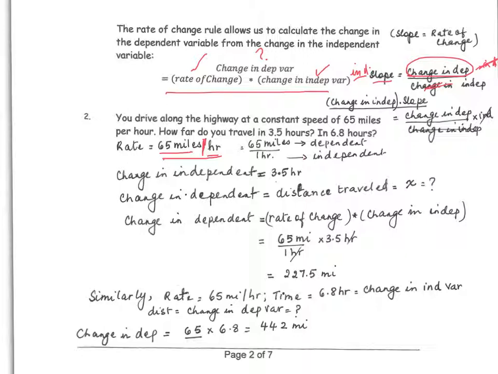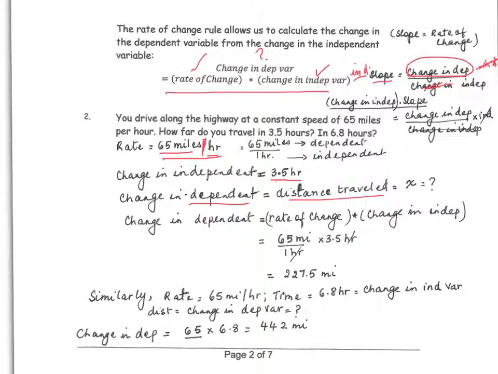Now, how far do you travel in 3.5 hours? So the change in the independent variable, that is time, is 3.5 hours. We are asked to find the change in the dependent variable, which is the distance traveled. So what is the change in your distance when the change in time is 3.5 hours?